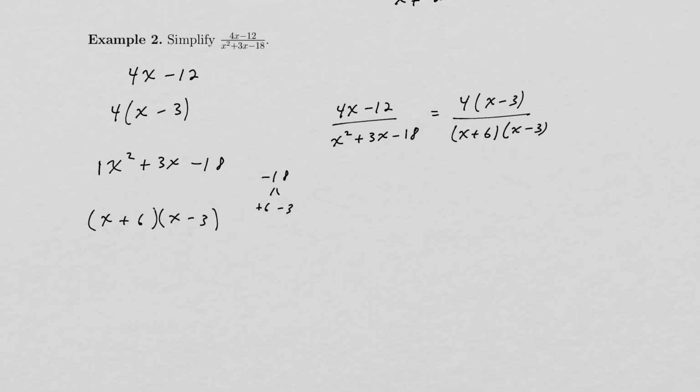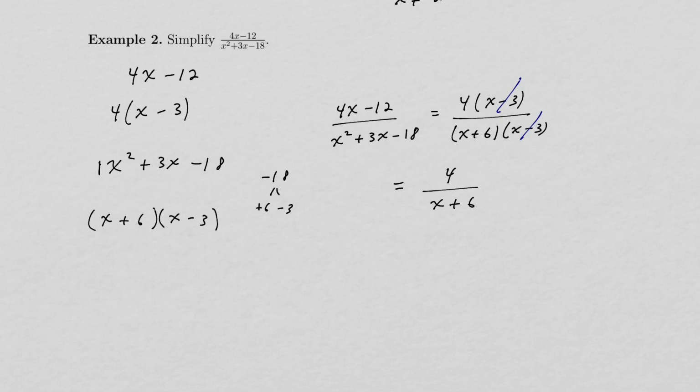And then we can cancel out the x minus 3's, right? So this is equal to 4 over x plus 6. That's what it simplifies to. And again, x cannot be 3 or negative 6, right? Because you can't divide by 0.